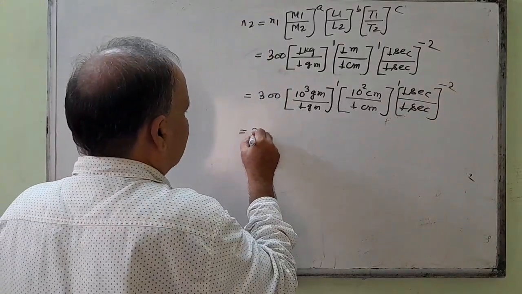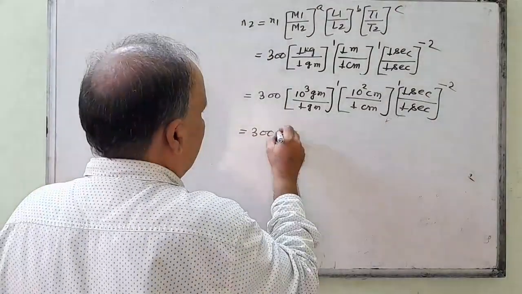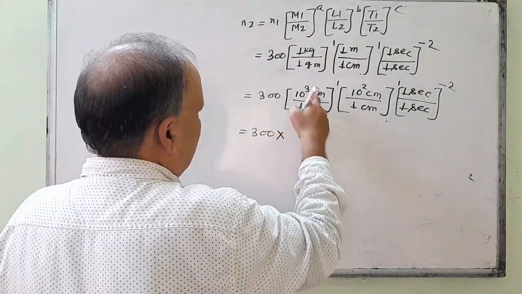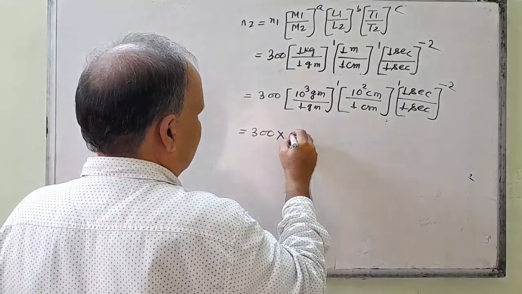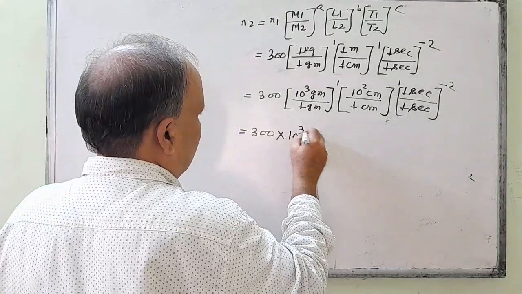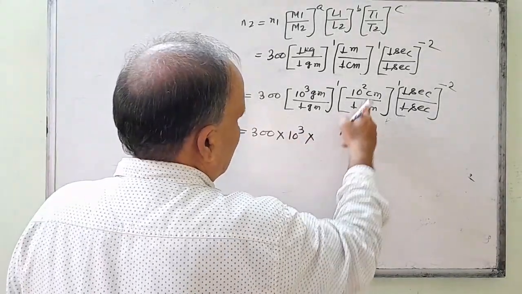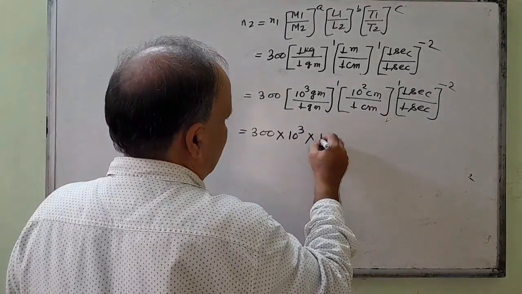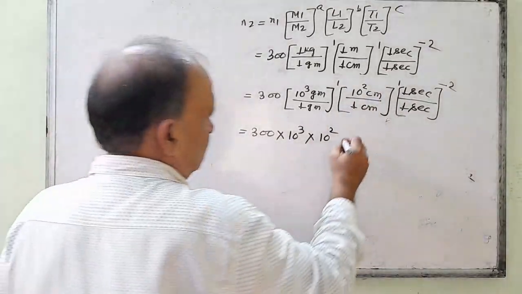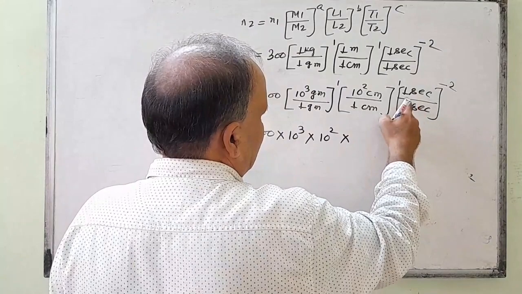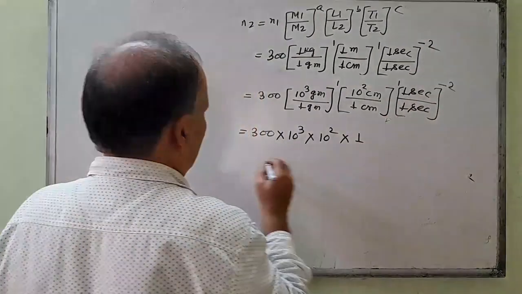So we can write 300, your gram cancel, 10 to the power 3 by 1 to the power 1, that is equal to 10 to the power 3. Here you also centimeter cancel, that is your 10 to the power 2 to the power 1, 10 to the power 2. Here second cancel, 1 to the power minus 1, that is equal to 1.